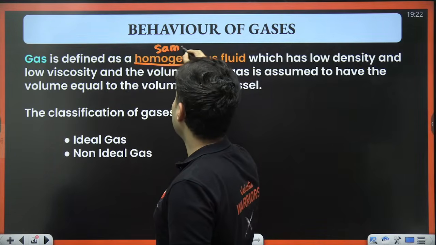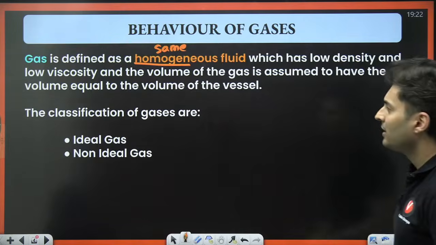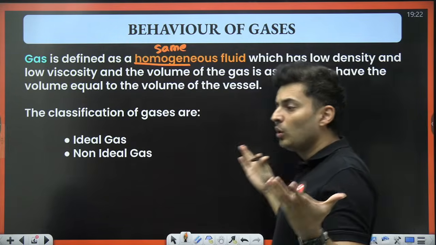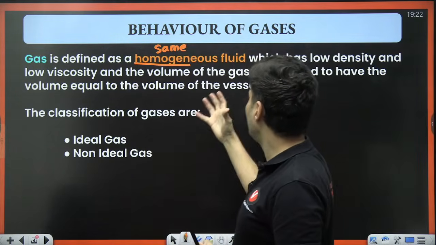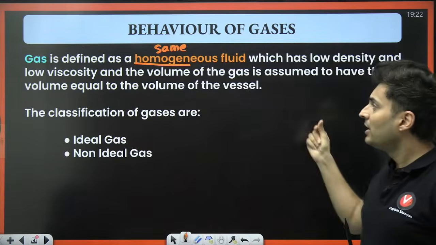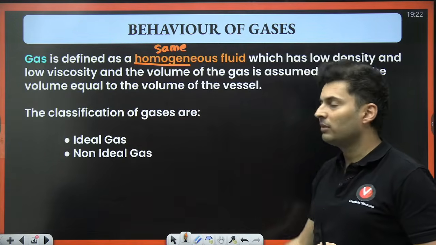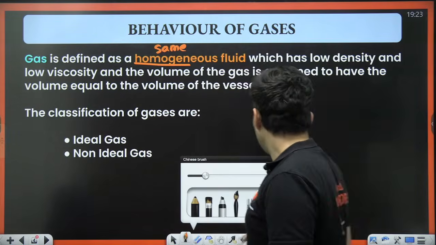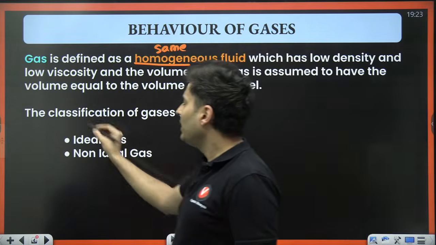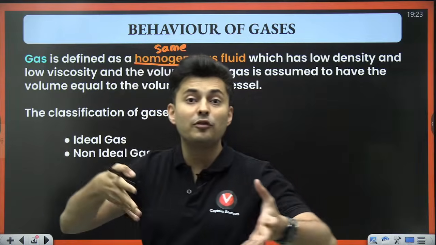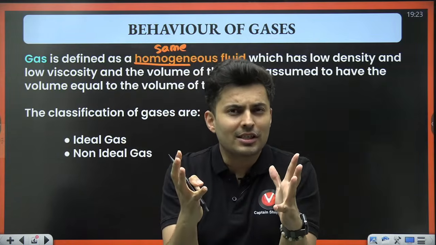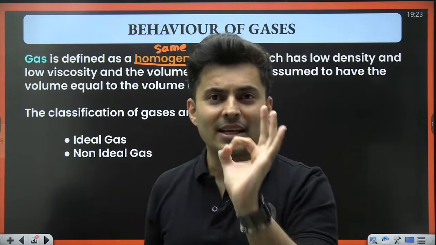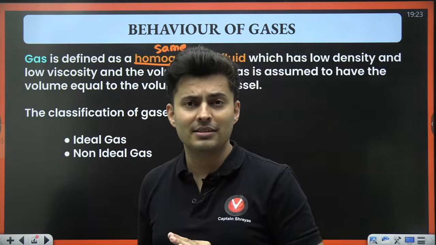It is the same everywhere, and it has very low density and low viscosity, and the volume of the gas is assumed to be equal to the volume of the vessel, which makes sense. Why low viscosity? Because they can flow easily. Can you think of some example of a fluid which is viscous?